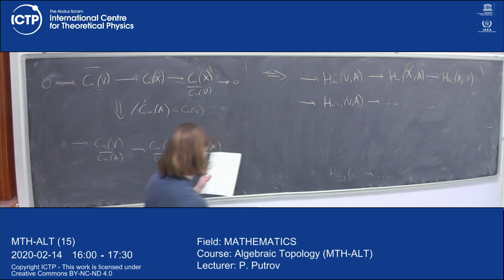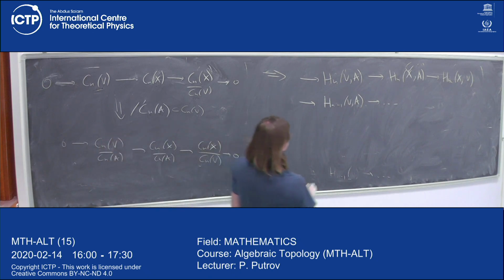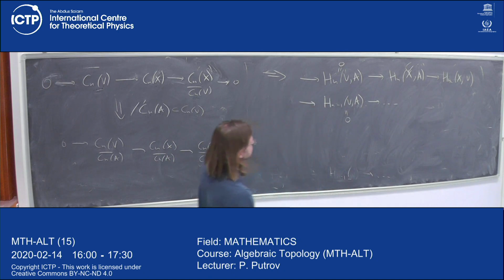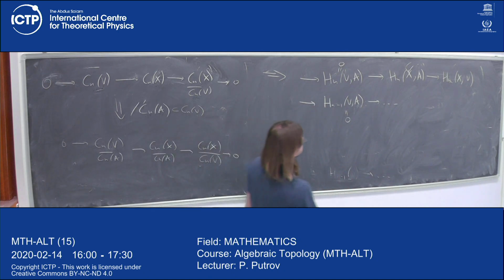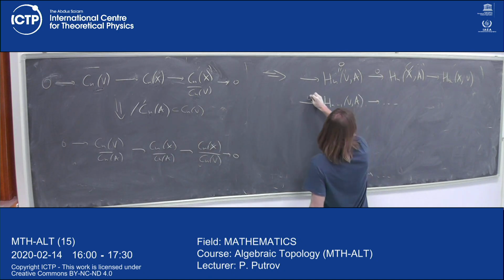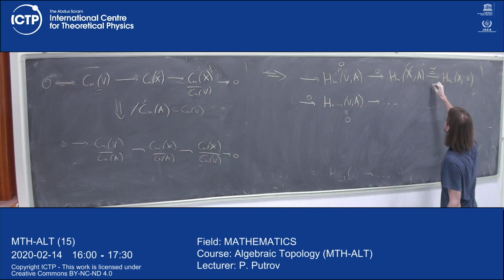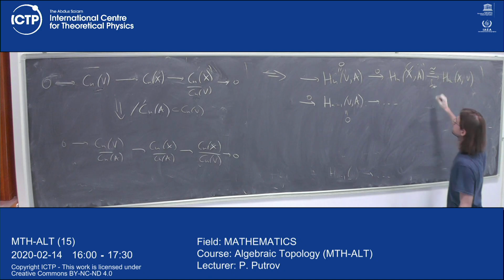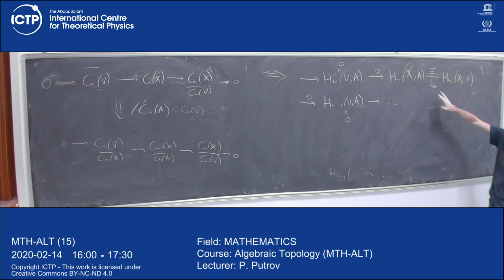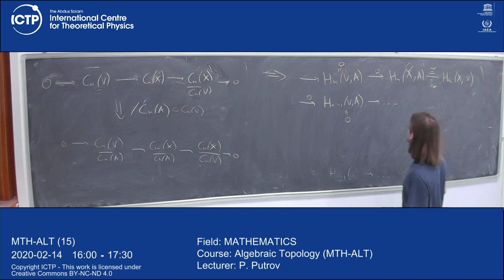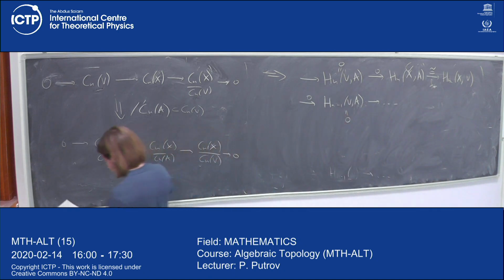This should be very familiar. Before, we showed that these are trivial groups, right? So I showed that all these groups are trivial. So in particular this map is trivial, this is trivial, and therefore this must be an isomorphism. As we know, in an exact sequence, if a group is sandwiched between trivial maps, it is necessarily an isomorphism.